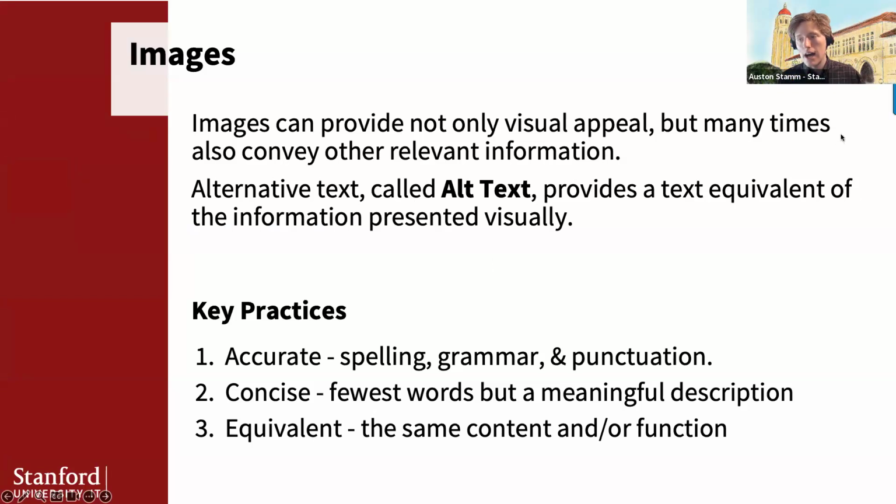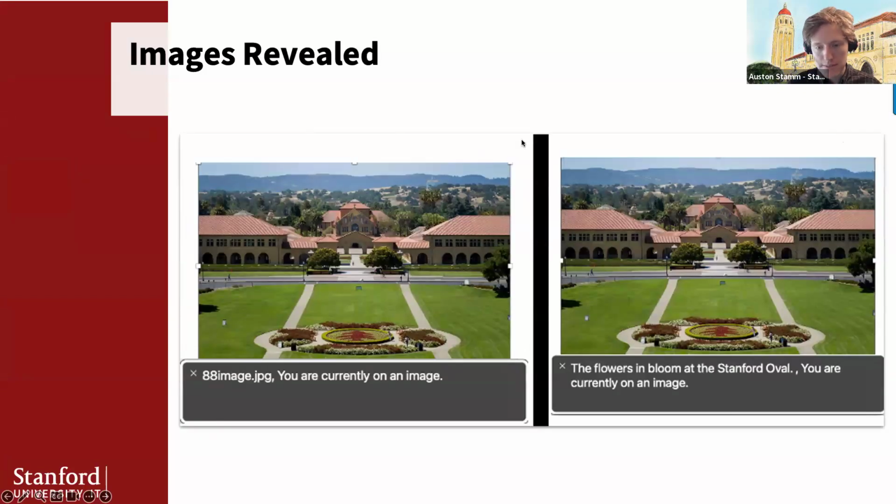Images not only provide some type of visual appeal, but a lot of times they also convey relevant information. So when you're describing an image, make sure you're using appropriate spelling, grammar, and punctuation, and that it's concise, the fewest words possible, but a meaningful description and equivalent, the same content or function.